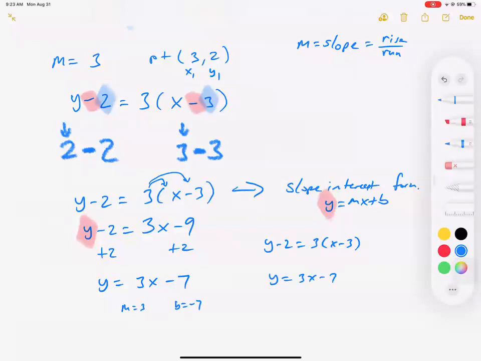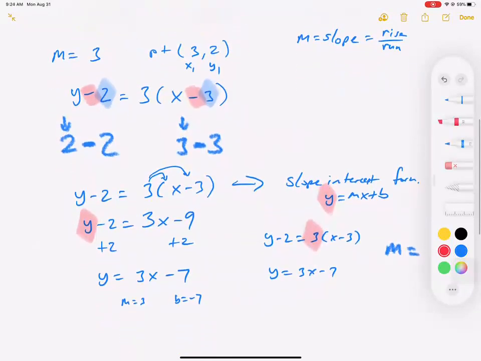Well, let's check some characteristics. First, tell me the slope in each of these. The slope for my first problem is the m value in front of the parentheses, that's a 3. And the m is in front of the x here, so they're both 3. That hasn't changed.